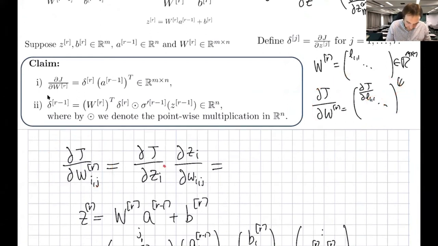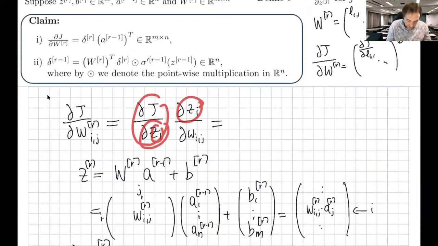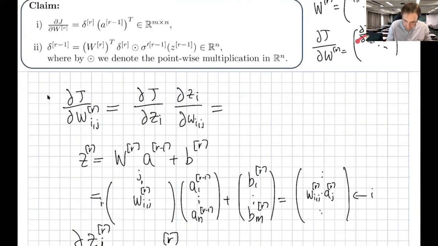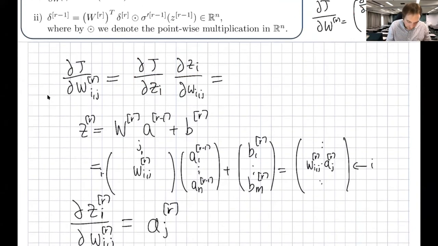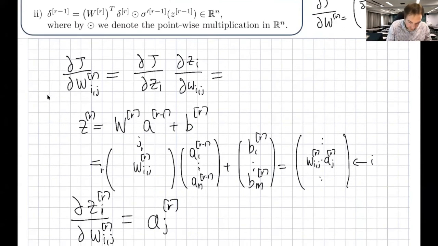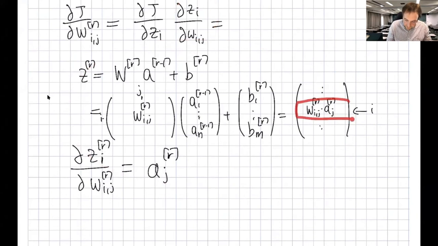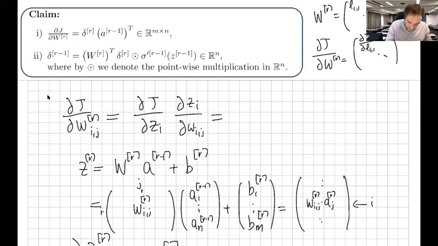So the only contribution is the derivative with respect to zi, because the others don't give a contribution in this ith row. And by this observation, the derivative of this row with respect to this entry is exactly this aj. So the second part is aj^(r-1).